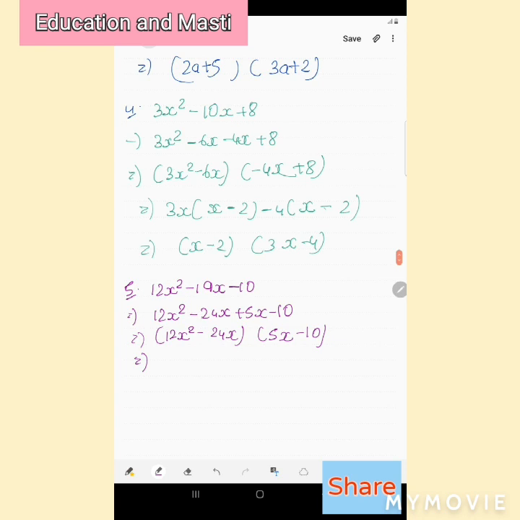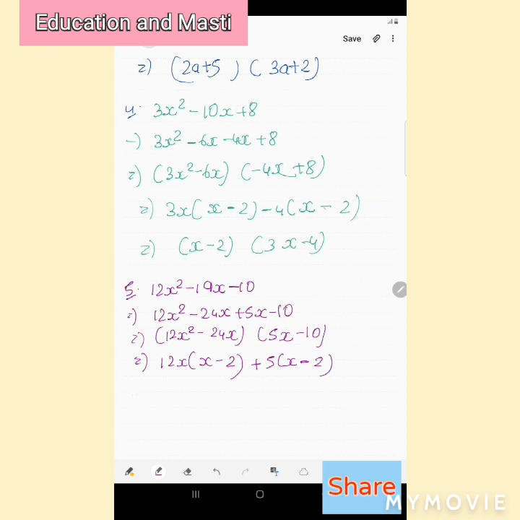So 12 and x will be the common one, so we will take 12 and x. So x minus 2 from 24, so 2 here I will write. Then here I will write plus, then 5x minus 2.